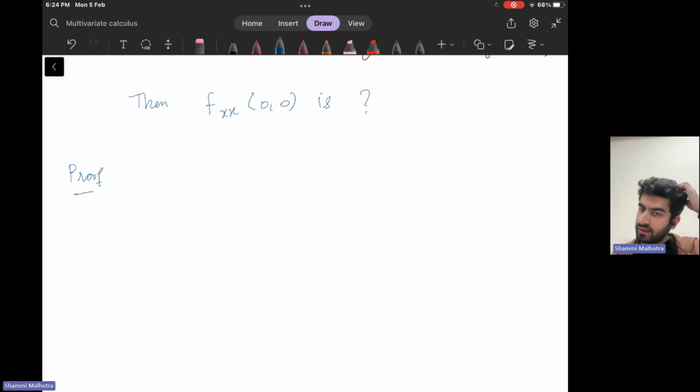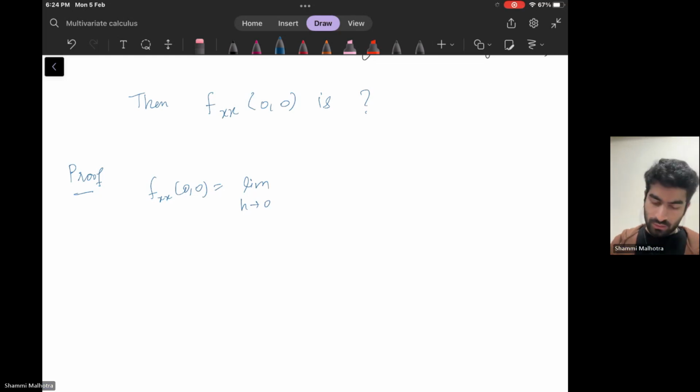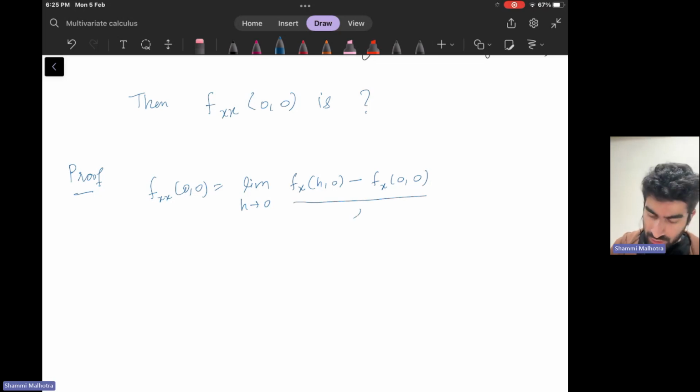So to calculate the second partial derivative with respect to x, fxx at (0, 0), we just apply the definition. So fxx at (0, 0) is nothing but the limit as h tending towards 0 of (fx at (h, 0) minus fx at (0, 0)) whole divided by h.